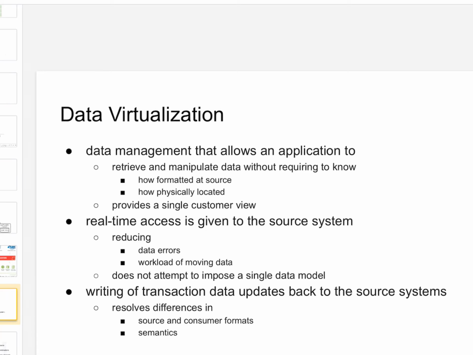So this solves differences in source and consumer formats and semantics. There will be different formats, as we would have data in different parties. For example, some systems might consider date of birth to represent the age of a particular person.